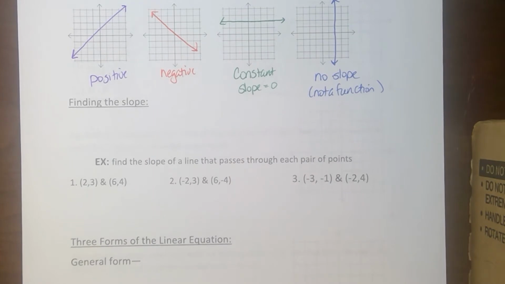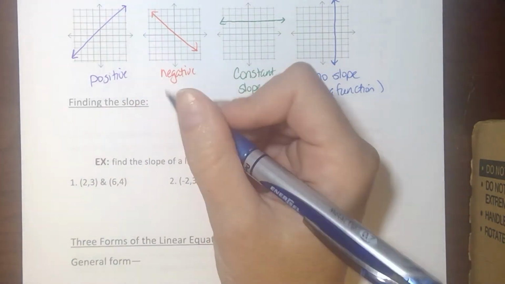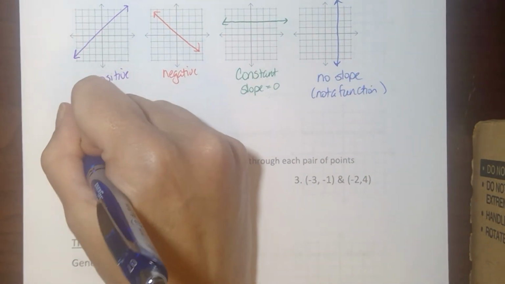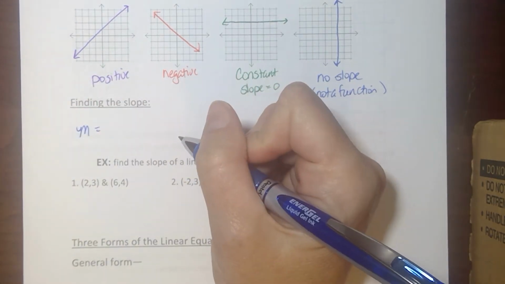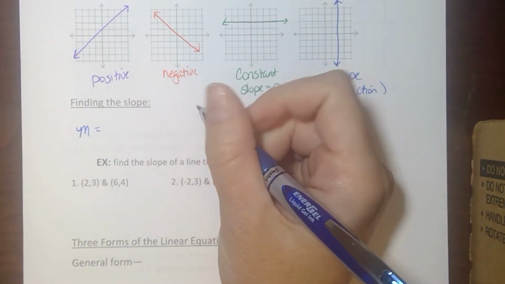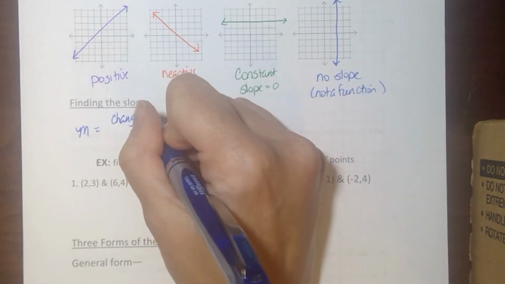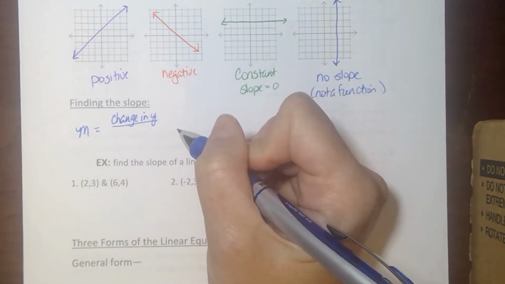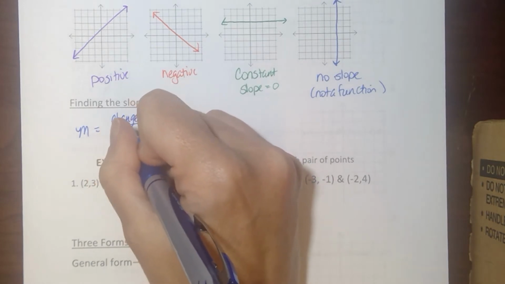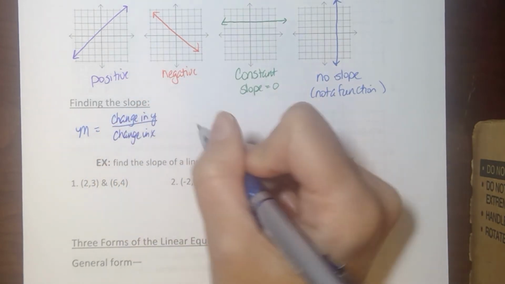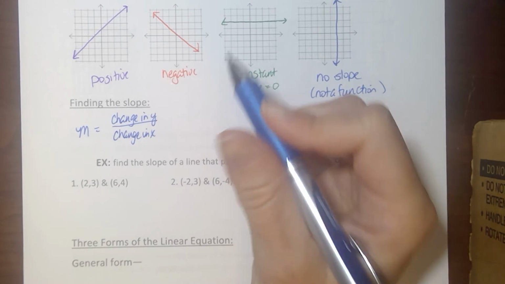Okay, how do we find a slope? Well, finding slope, our variable that represents slope is m, and I'm really not sure why. I've never gone and looked that up. But slope, as we mentioned in the last video, is change in y, the difference in the y coordinates, over change in x, the difference in the x coordinates.